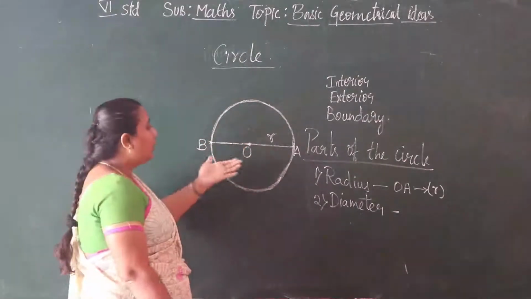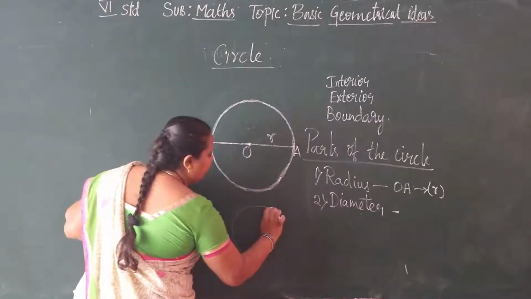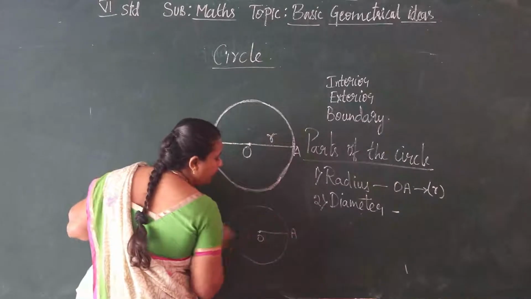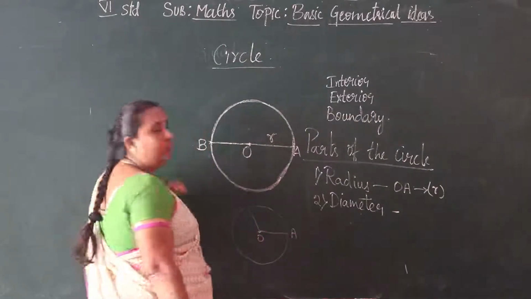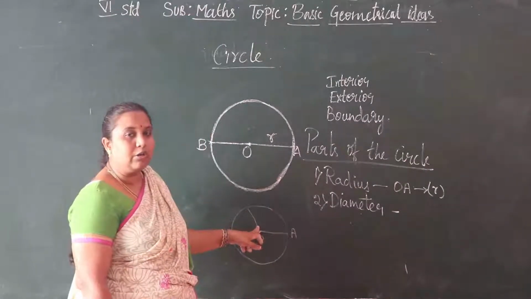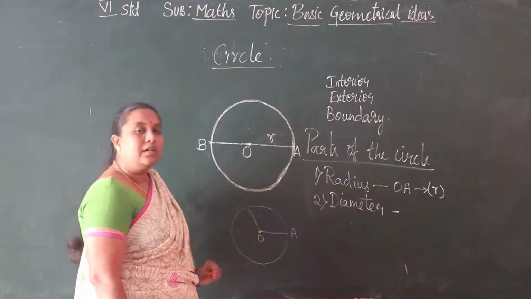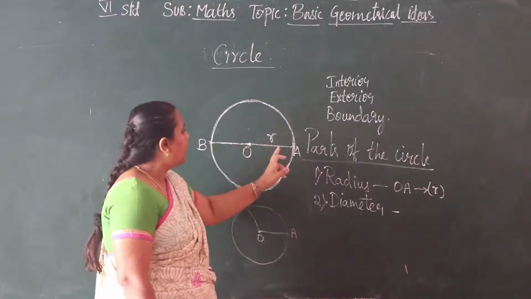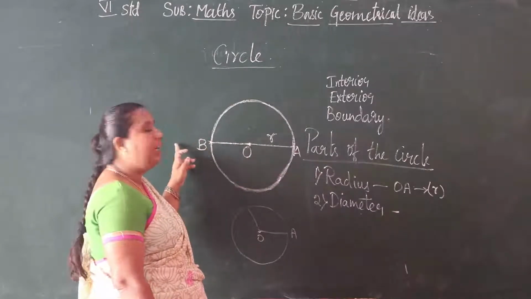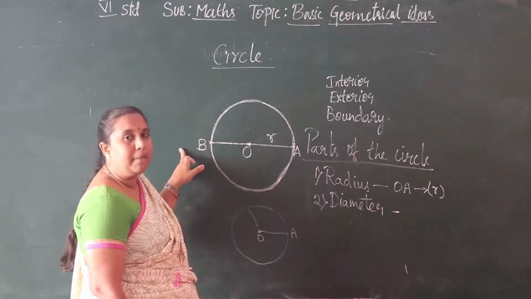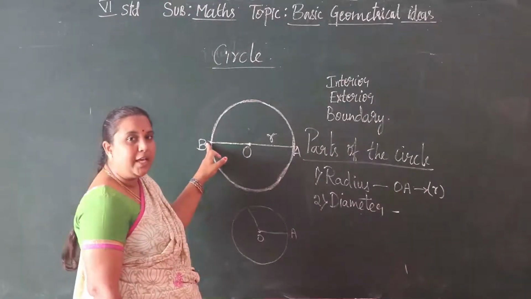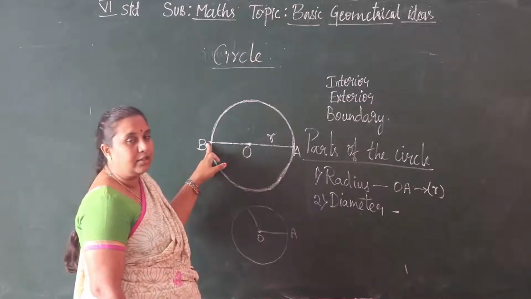See, you can ask children. This is a circle, this is center O, this is OA. If we extend it like this, no, this is wrong, because here we form an angle. The straight line OA must be extended into a straight line to a point B on the boundary of the circle.